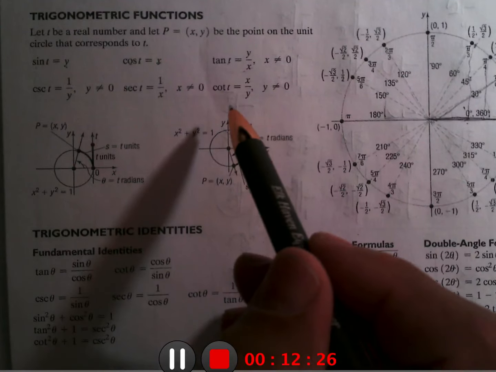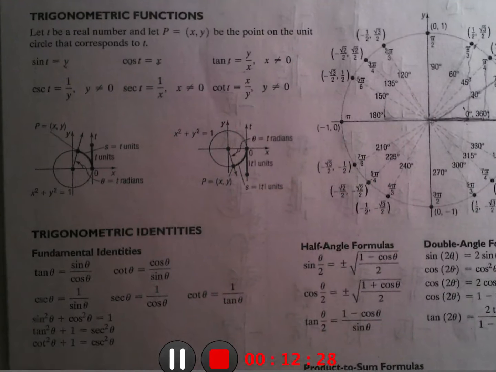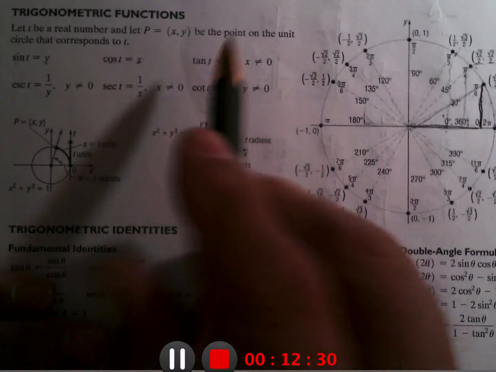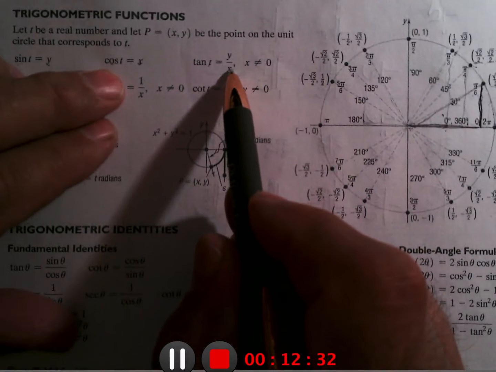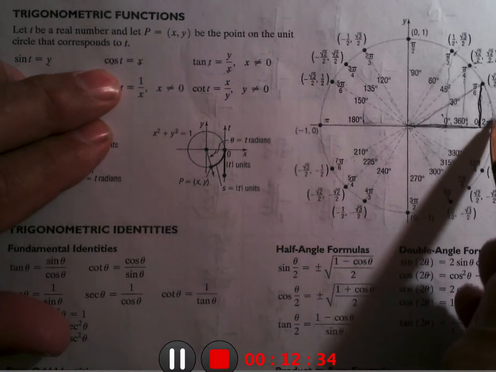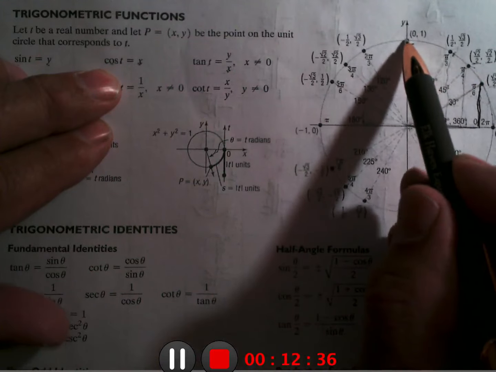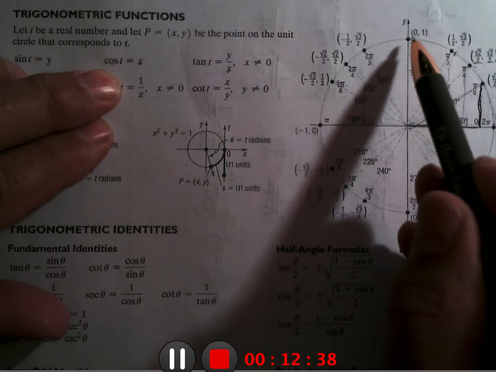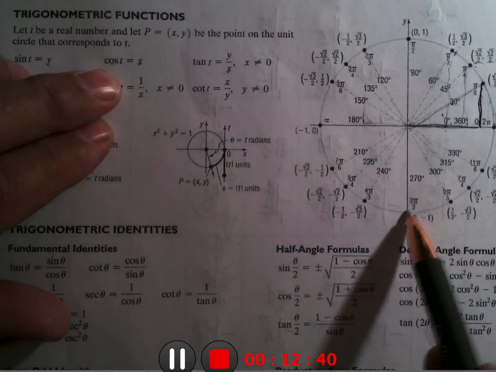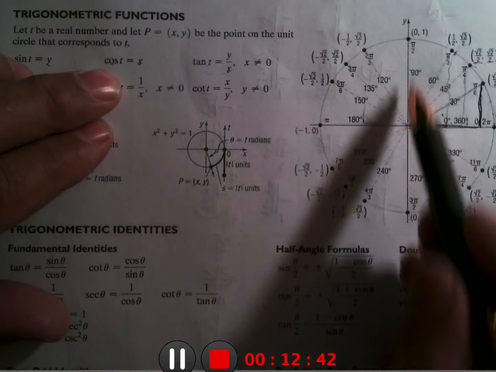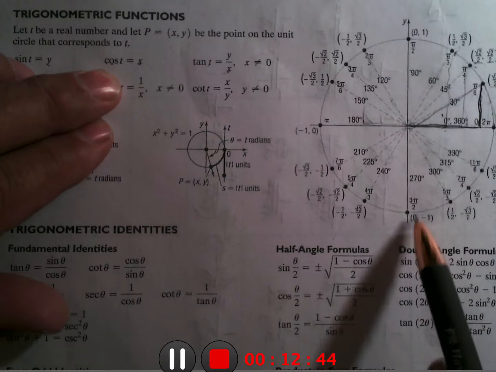Well, the denominator can't be 0, and that would be the cosine. Cosine is 0 at 90, or pi over 2, and the x-coordinate is 0 there, and it's 0 there at 3 pi over 2.